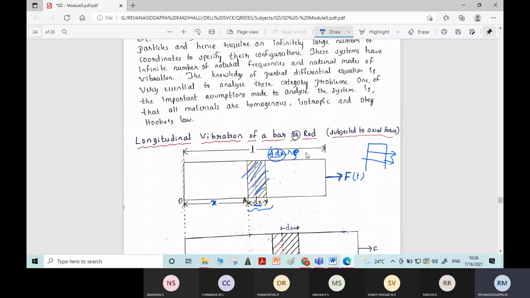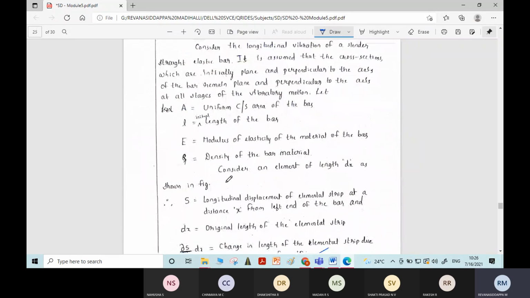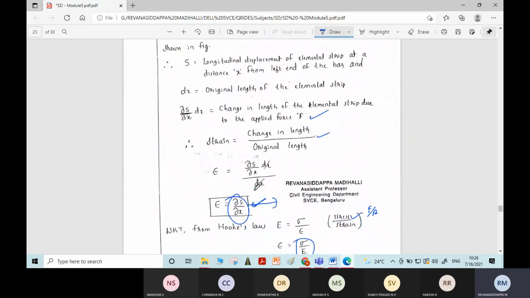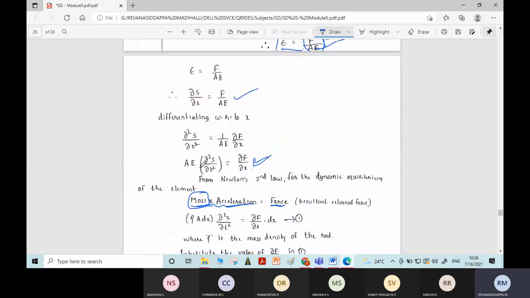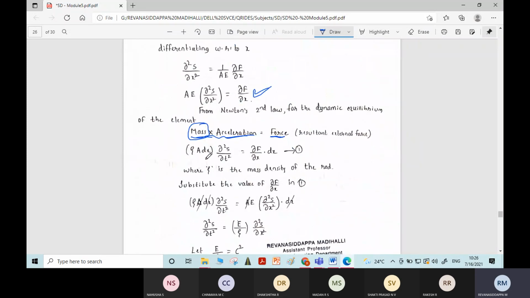So it is rho into A into dx, density multiplied by volume. Cross section multiplied by length gives volume, and volume multiplied by density gives mass.